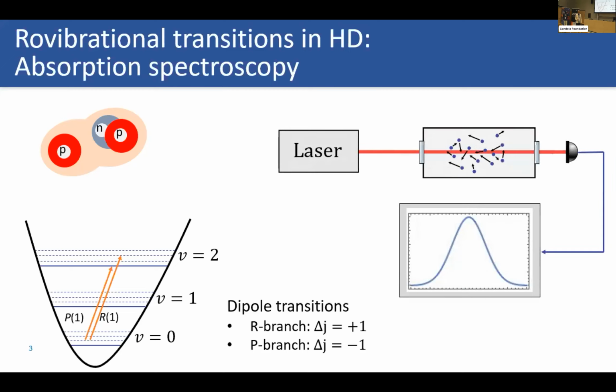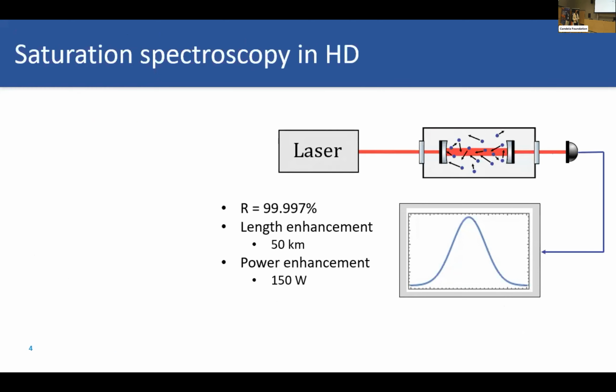The most naive way of doing absorption spectroscopy is having a laser and a gas sample at room temperature, and from that you extract a Doppler broadened profile. But it's quite a challenge to extract kilohertz level accuracy from such a broad profile. That's why we also employ a cavity, at least for the length enhancement.